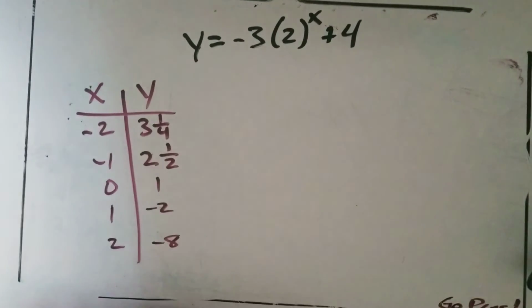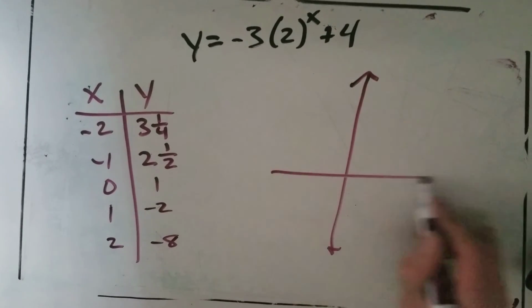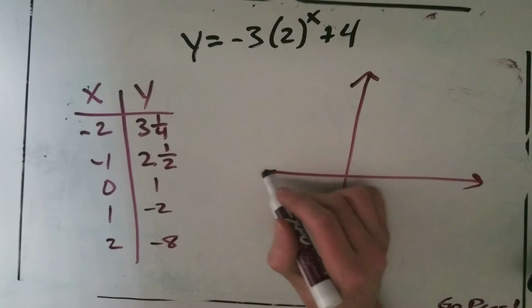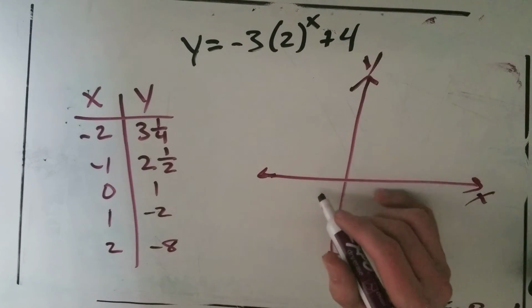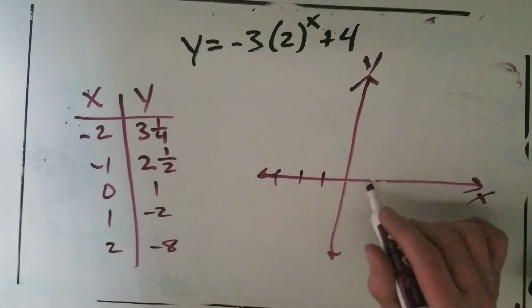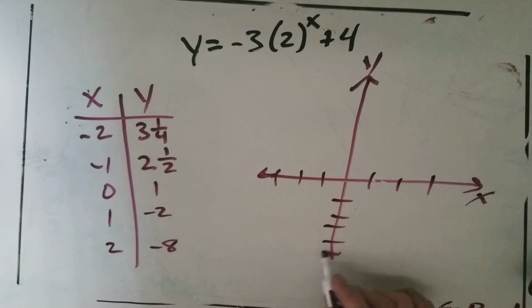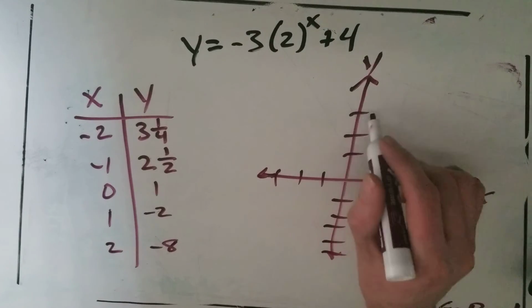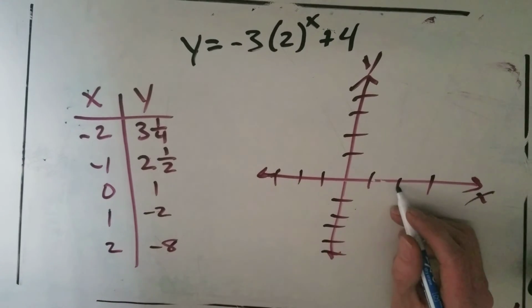So let's make a nice coordinate plane. And here we are, here's your y, here's your x. We'll count by 1, 2, 3, 1, 2, 3, 1, 2, 3, 4, 5, 1, 2, 3, 4. You have to estimate this first point. So at 2, we're at -8.